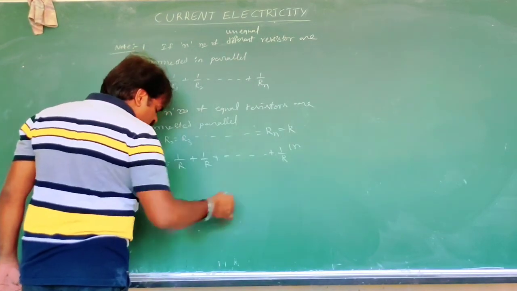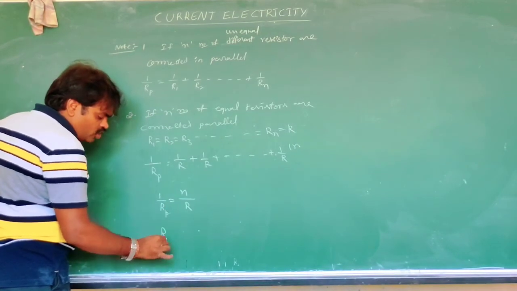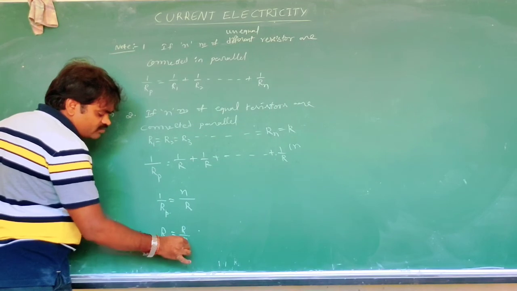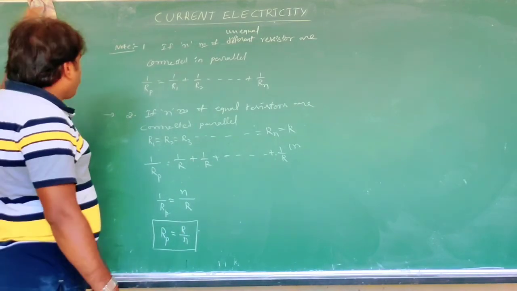N times, that is N by R. Then Rp is equal to, reversing it, R by N. Rp is equal to R by N.